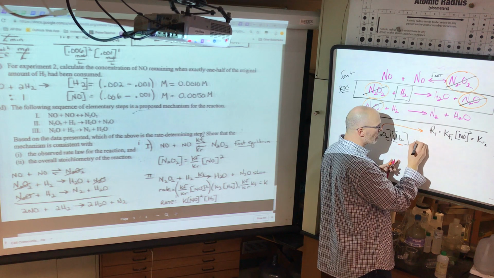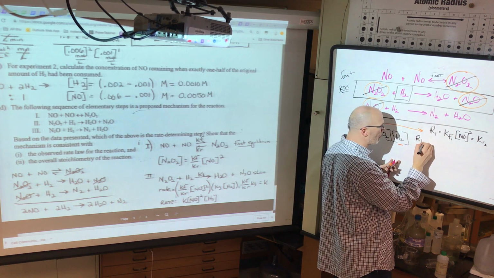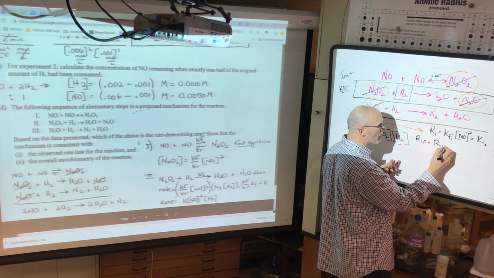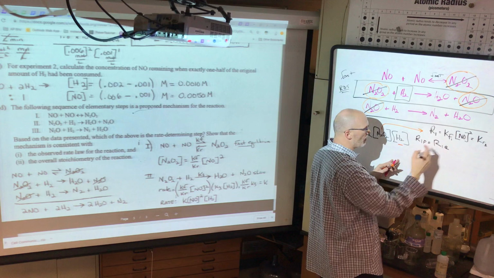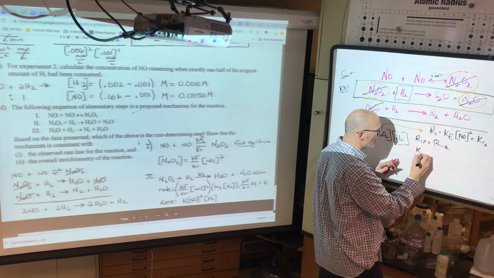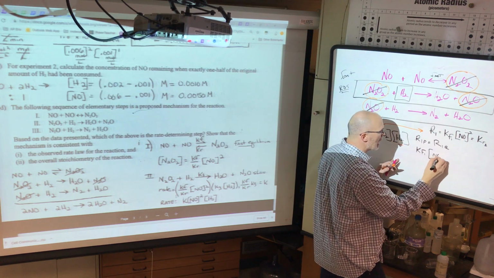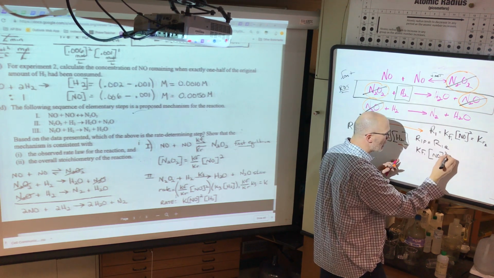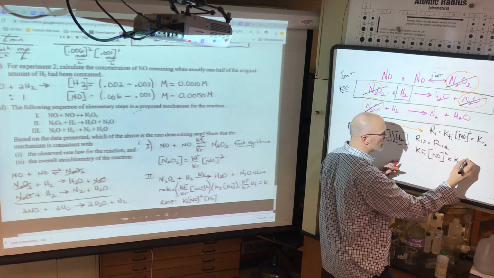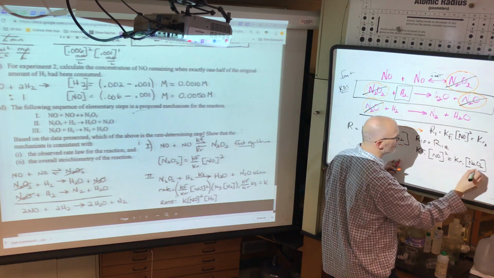So the rate of the first of the forward equals the rate of the first of the reverse. So, party people, of the forward reaction, I've got k forward of the first times NO squared, and that equals the k of the reverse of the first times N2O2.